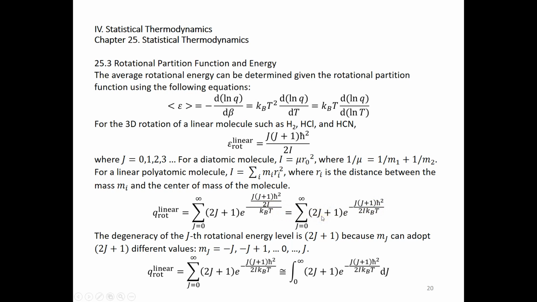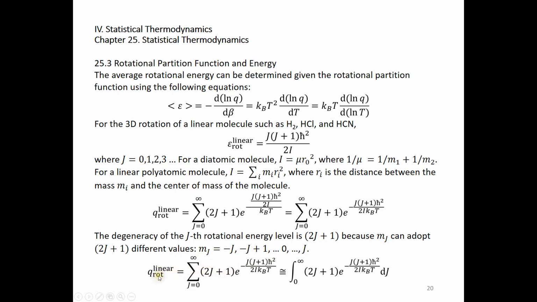J is the rotational quantum number. J can be from 0 to infinity. The degeneracy of the Jth rotational energy level is 2J plus 1, because the z component quantum number, m_J, can adopt 2J plus 1 different values. m_J can be negative J, negative J plus 1, etc., all the way to J.